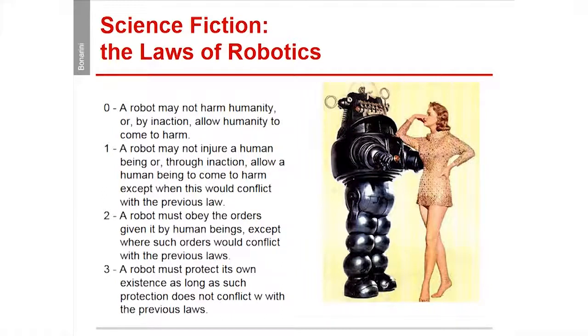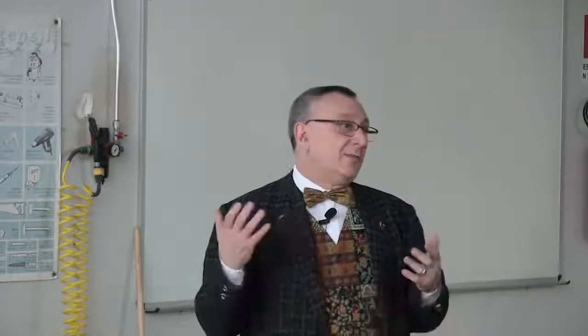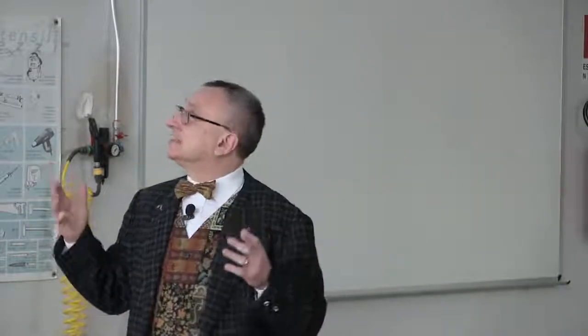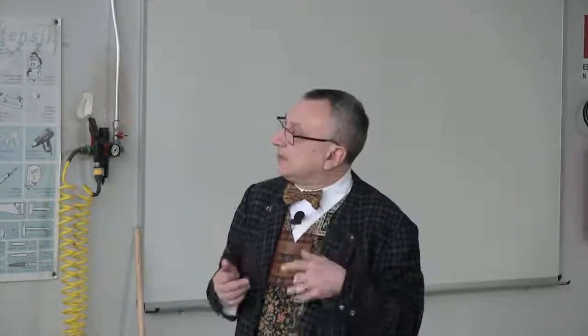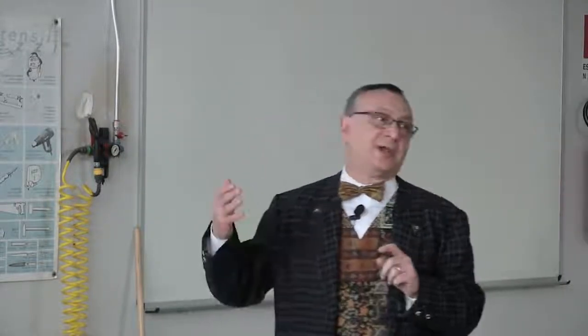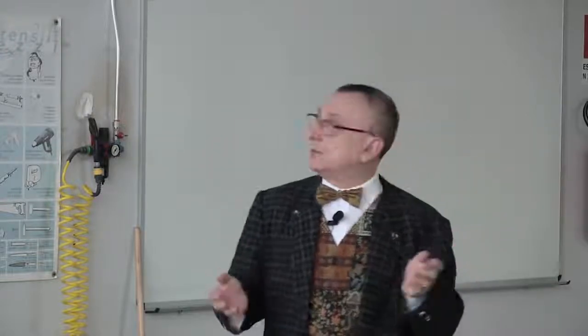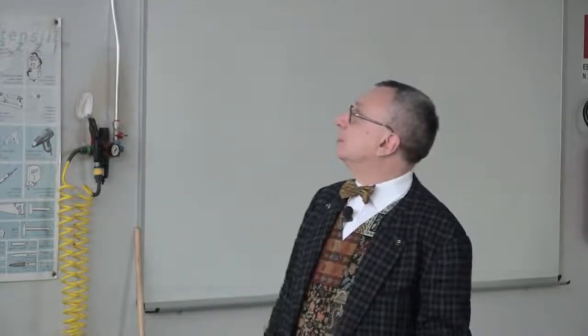And a robot must protect its own existence as long as such protection does not conflict with the previous laws. So the robot in this idea is a kind of slave again that can try to survive, but it should obey humans and possibly not harm humans.